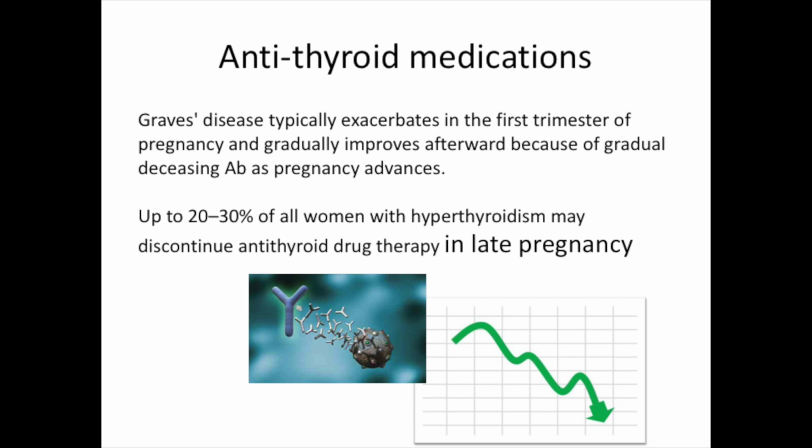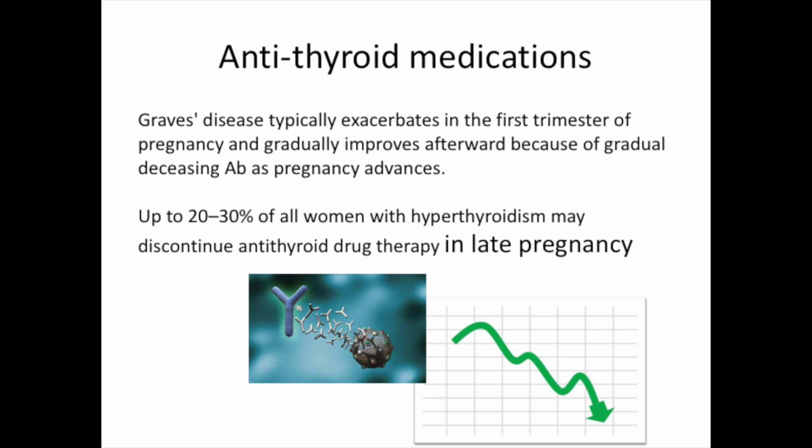What about the treatment the patient is on? You might be giving her propylthiouracil of 100 twice, or she might be on carbimazole 15. Then, as the pregnancy advances and these antibodies fade, the patient might not need these medications, and she might go even into hypothyroidism, which mandates you to stop the medications.